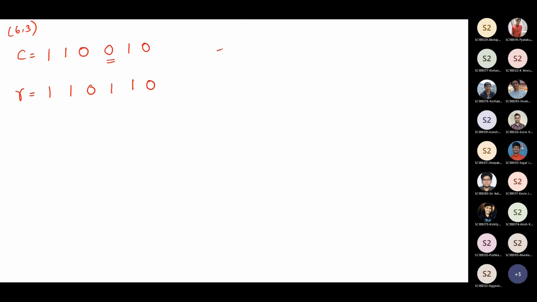So what will be my E vector? The E vector will be: first one no error, second one no error, third one no error, fourth one error is there, right? Fifth and sixth no error.